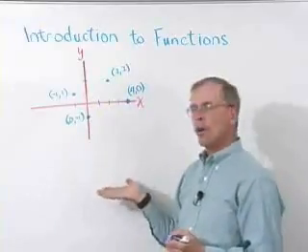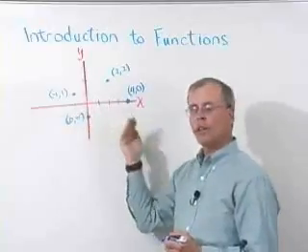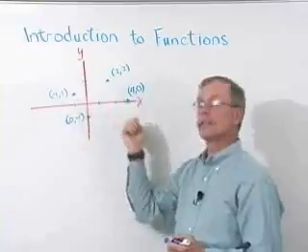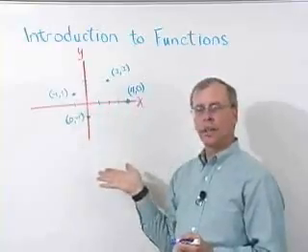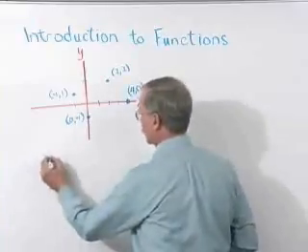Now we can also have a test that will check whether or not any graph, it doesn't have to be just dots, is indeed a function, and we call that the vertical line test.